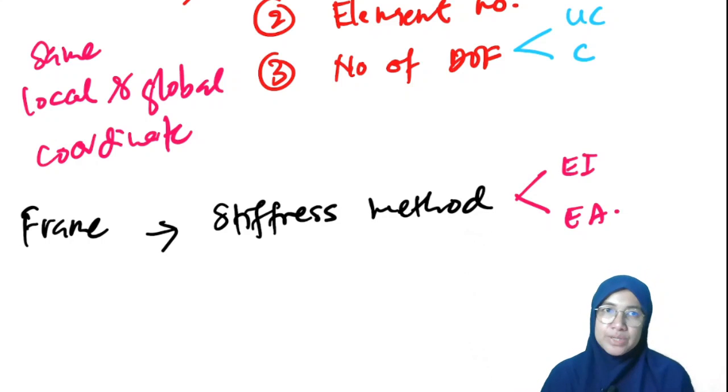It means that when it has combination of EI and EA, we have to combine what we have discussed in truss as well as beam in one solution in frame.